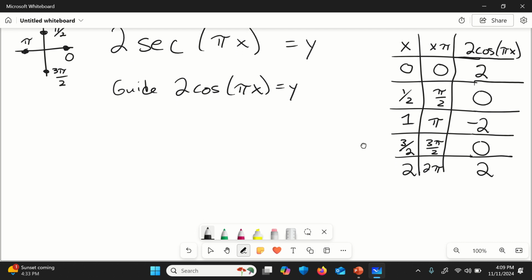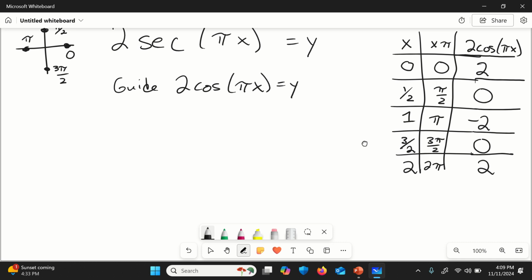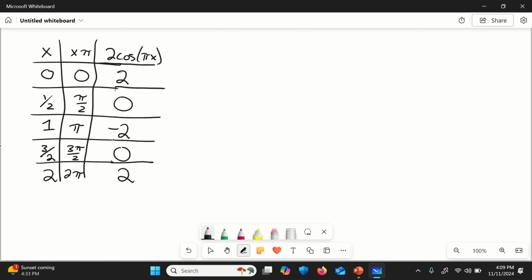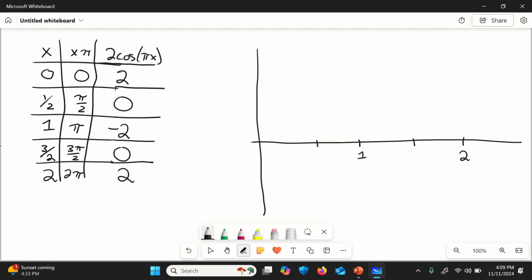So I'm going to label my x-axis according to the x values in the table. So starting from 0, I'll indicate 1/2, 1, 3/2, 2, and if I needed more than one period of the function, I could extend my x-axis in either direction and simply repeat the pattern.